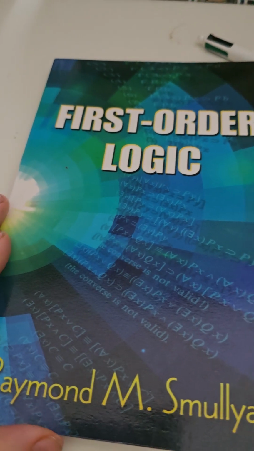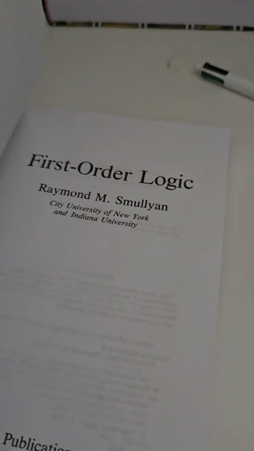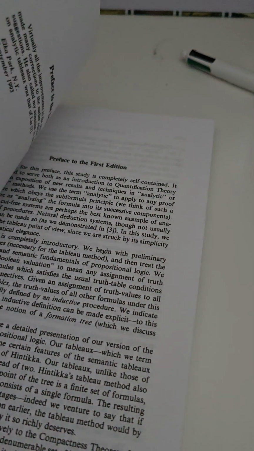Next we have here a book by Raymond Smullyan, First Order Logic. So Smullyan is an author known primarily for puzzle books, but this is not a puzzle book. It's an actual rigorous book on first order logic.